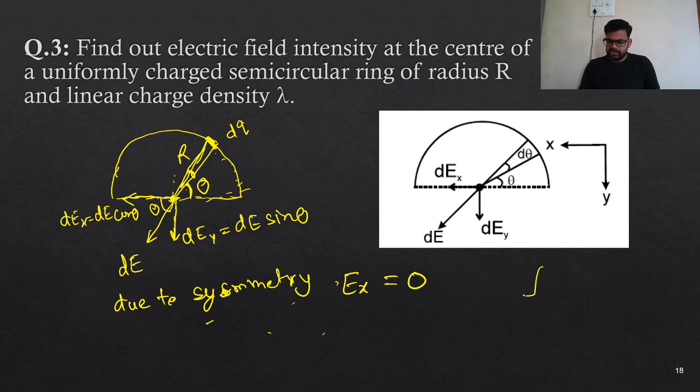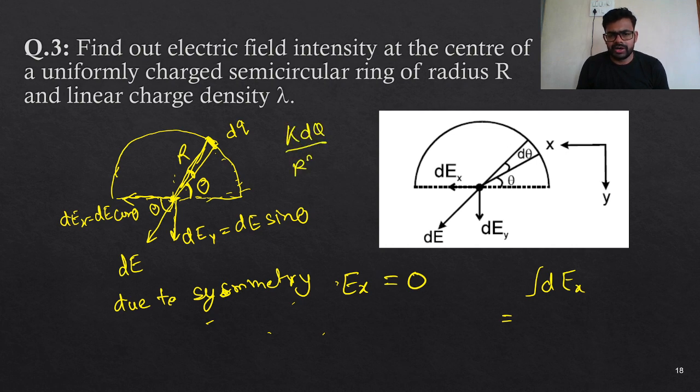I can write it like this also, integration of dEx. You can solve it properly if you want. How do you write the value of dE? Like k dq upon r square, where r is the radius, and this is sine theta.